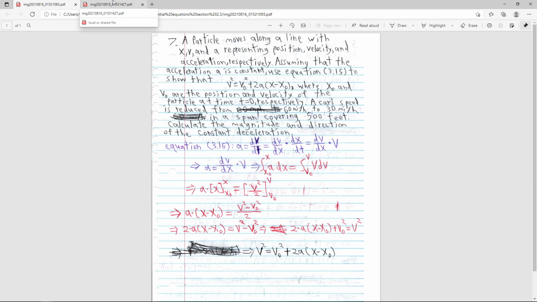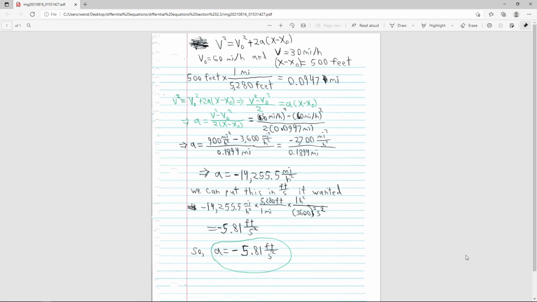The magnitude is 5.81 feet per second squared. The direction is shown by the negative sign, it's opposite to the original direction of movement, obviously. Because this is one-dimensional space, it's really going from left to right or up and down, basically. So it's the opposite of what it was going. Just slowing down, basically. I always think of it that way.